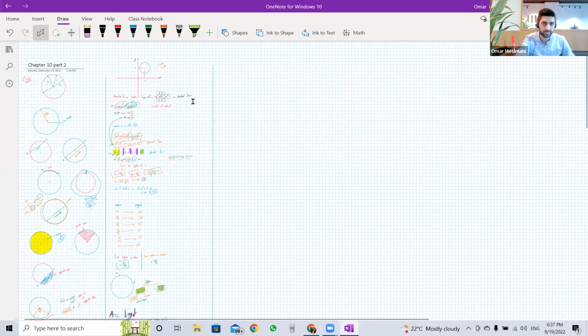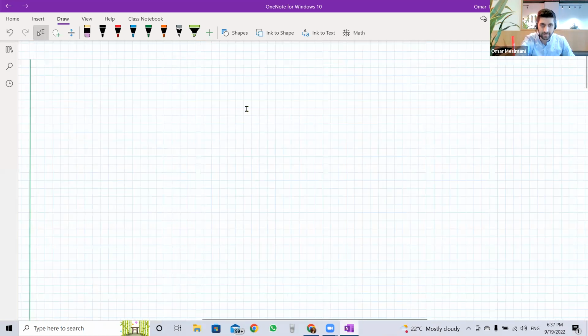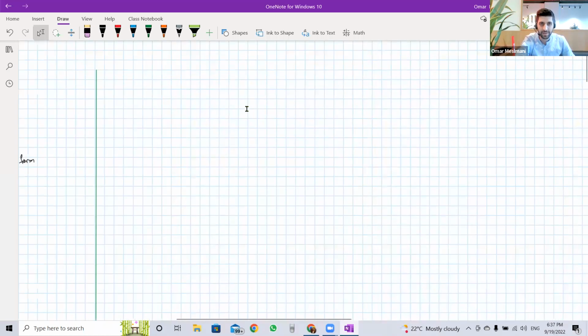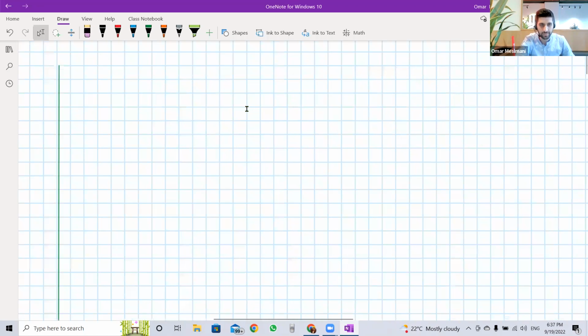Right? When the arc length is the same as the radius, that is one radian. We call it 1 radian.